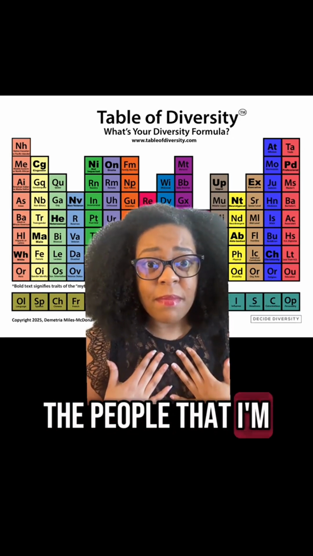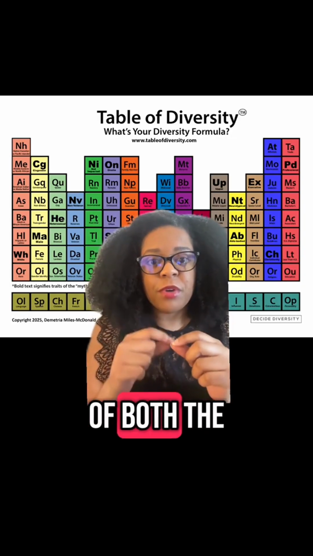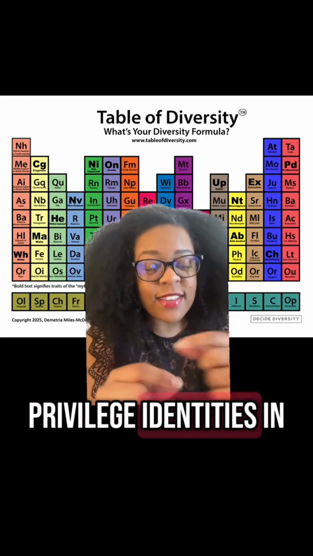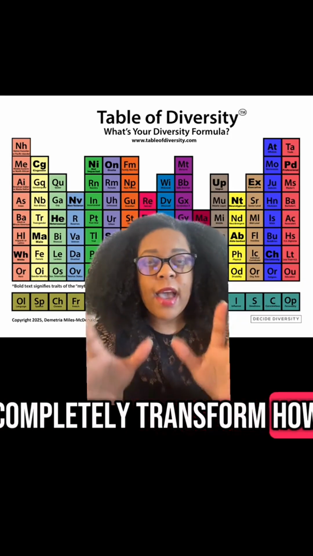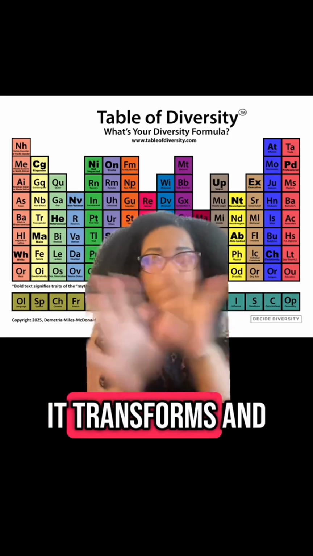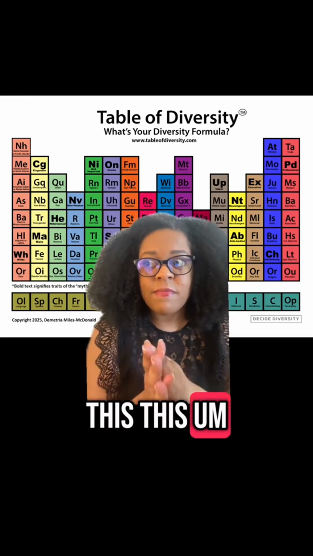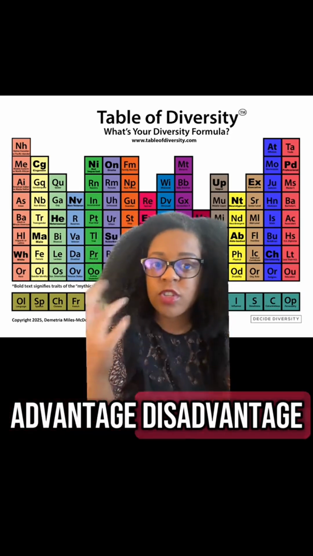Most of the people that I'm speaking with, most of my audiences, it's a combination of both the marginalized identities, and then there's some privileged identities in there as well that completely transform how we talk about diversity, equity, and inclusion. It transforms and adds nuance to this ecosystem of privilege, marginalization, advantage, disadvantage.